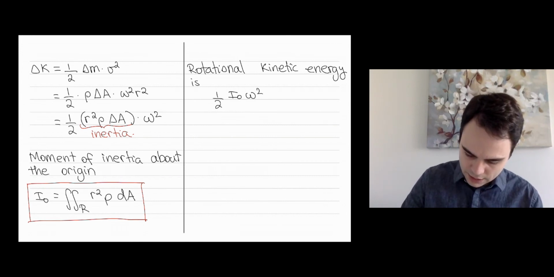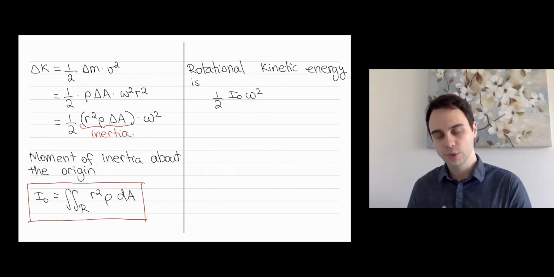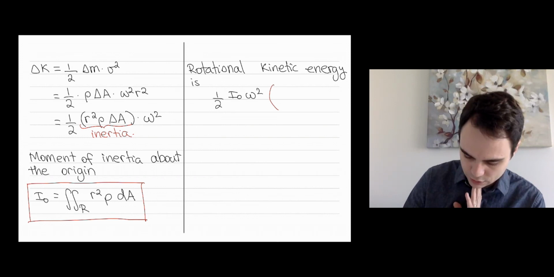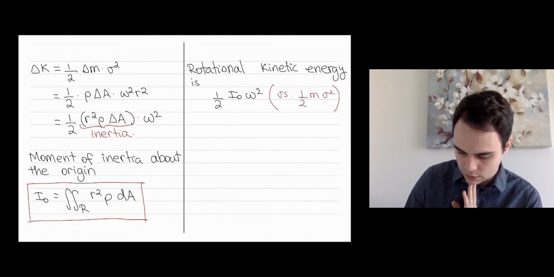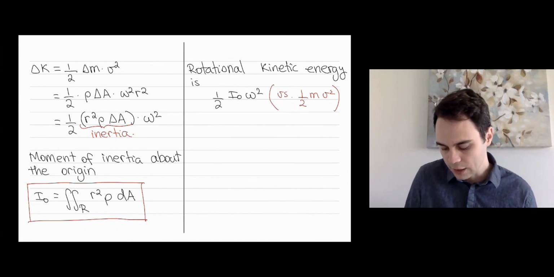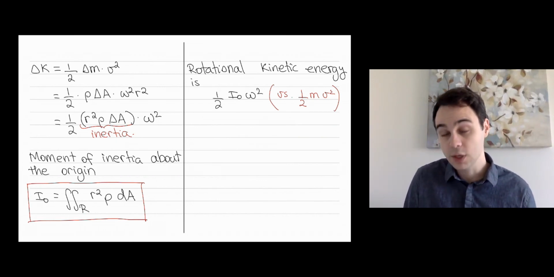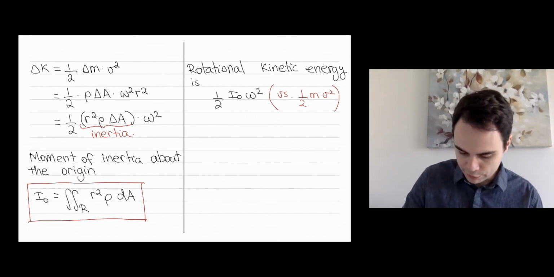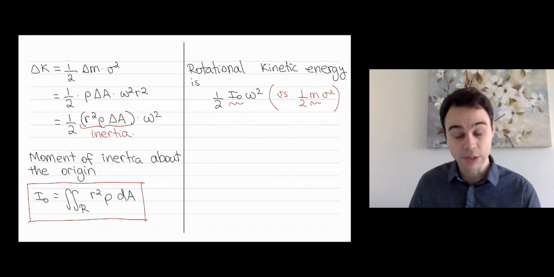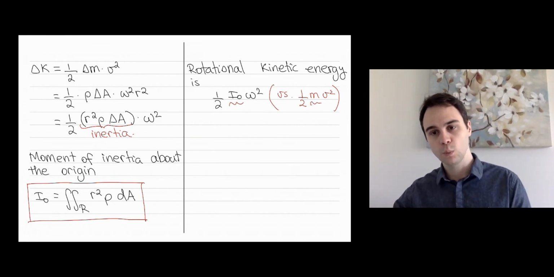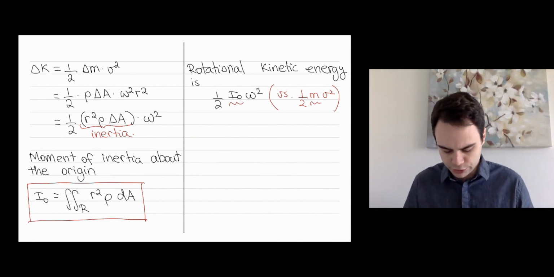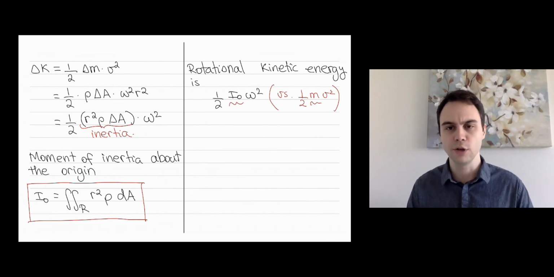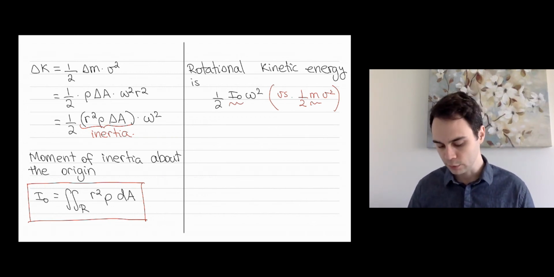By comparison, in translation we would have a half of m times the speed squared. Here we have a half of I_0 times the angular speed squared. So the moment of inertia I_0 plays the same role as the mass. It's a sort of inertial quantity associated to the object, but it relates to rotations rather than translations.